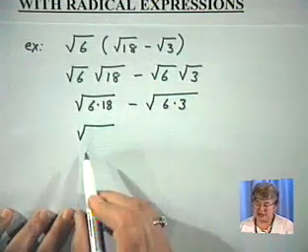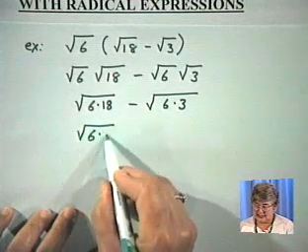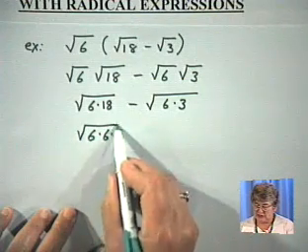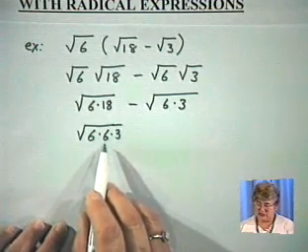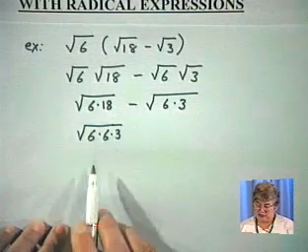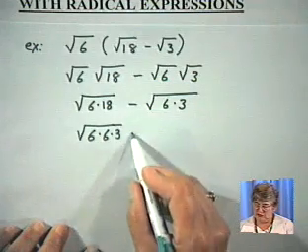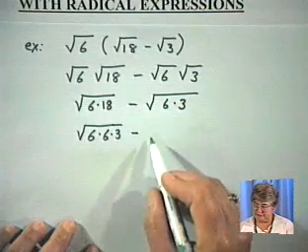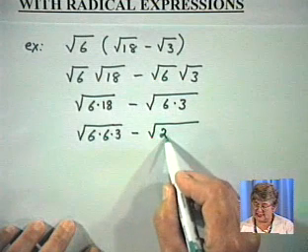Let's just go ahead and break them apart. 18 is the same thing as 6 times 3. Of course, I could have broken down the 6 as a 2 times 3, and this is another 2 times 3. But if we can find numbers that are perfect squares that are a little bit bigger, then we're going to reduce our work a little bit. For the second radical, I am going to have to break that 6 down into 2 times 3.